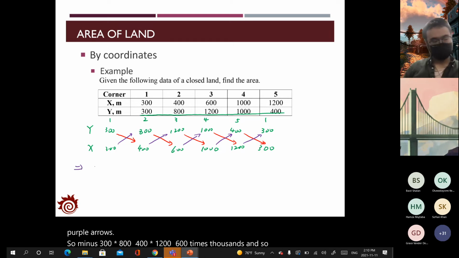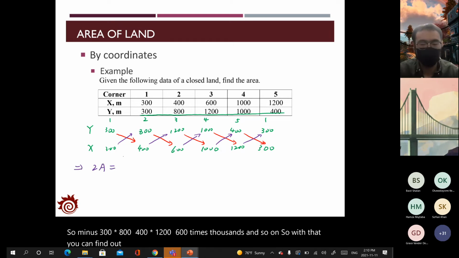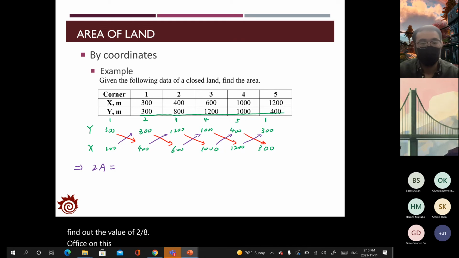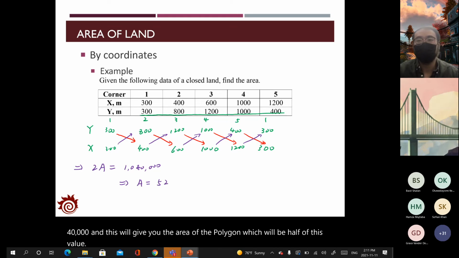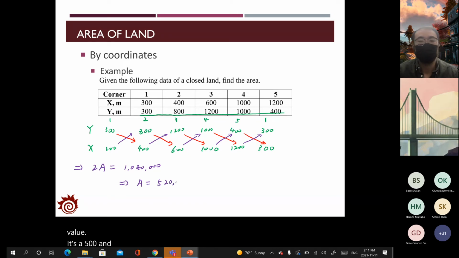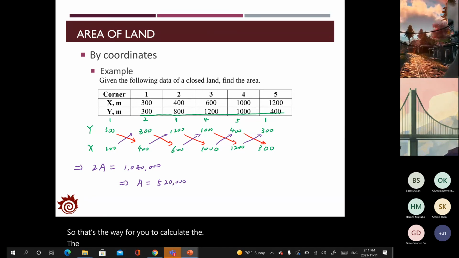With that, you can find the value of 2A, which is almost 1,040,000. And this will give you the area of the polygon, which is half of this value, 520,000. So that's the way for you to calculate the area of the polygon with the coordinates.